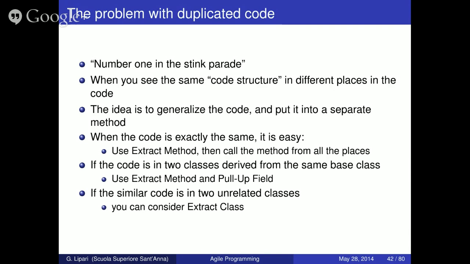So what you have to do is to use extract method to build one single function that does that, and then pull up method to implement that method in the base class. Or if you have similar code in two unrelated classes, you can consider doing extract class, so as to have a third type of class that implements the method for the two original classes.